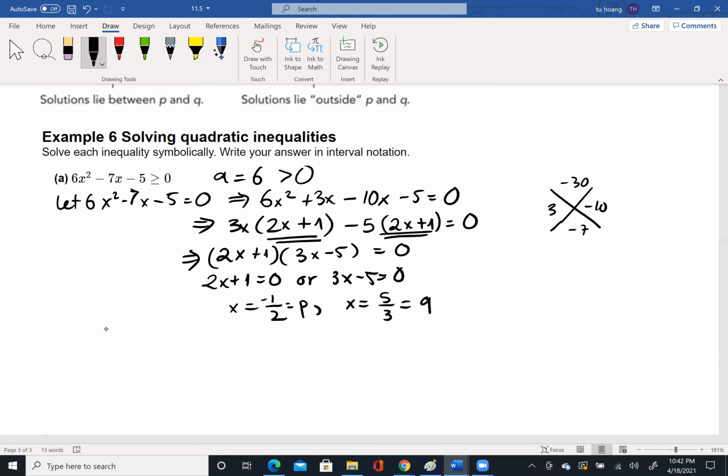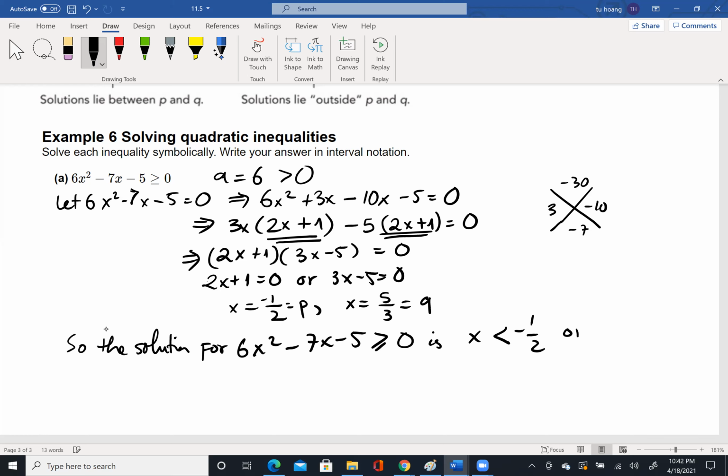So the solution for 6x squared minus 7x minus 5 greater than or equal to 0 is x less than or equal to negative 1/2, or x greater than or equal to 5/3.